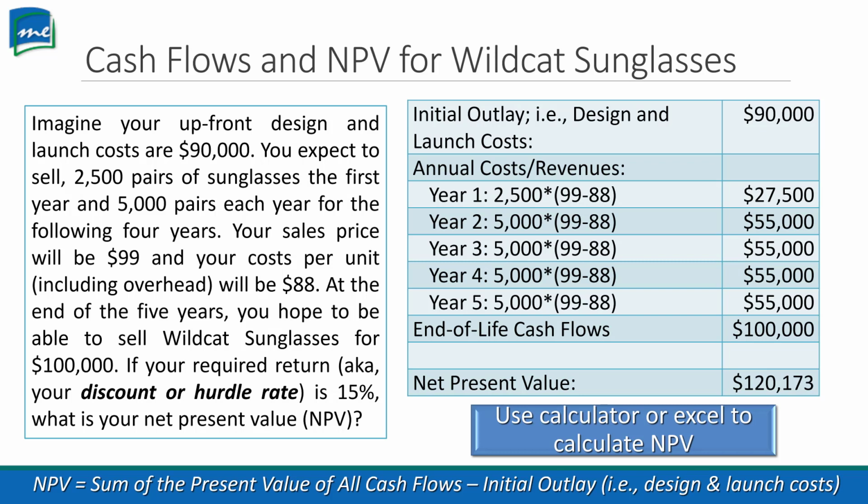So you might need to use your calculator or Excel to calculate the net present value on this one. But it's not that difficult. Your net present value is the sum of the present value of all cash flows minus your initial outlay. So we have all of these minus this.